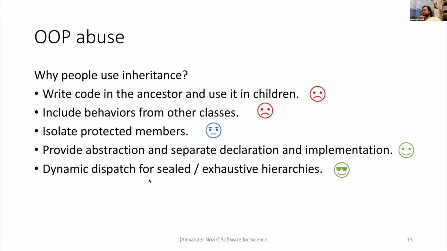Also, there is a thing that is not available in classic C++, which is dynamic dispatch for sealed, exhaustive hierarchies. Anton showed you an example of such things this morning. And this is actually a very good use for inheritance, when you have inheritance trees, for example, for events. You have different kinds of events, and in Kotlin you use a when expression to switch over different types of events.